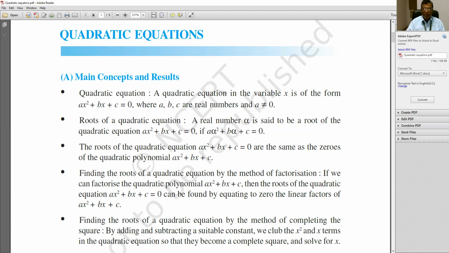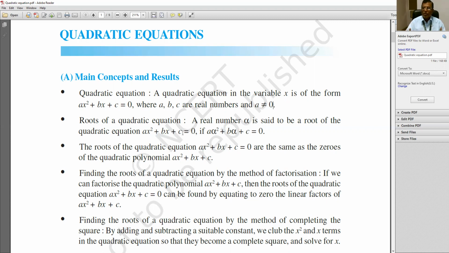And the roots of a quadratic equation means the solutions you get after solving it. A real number alpha is said to be a root of the quadratic equation ax square plus bx plus c is equal to 0 if alpha satisfies this equation. You know that root means the value that satisfies your equation. You know that ax square plus bx plus c is equal to 0 has two roots, because this is an equation of second degree.